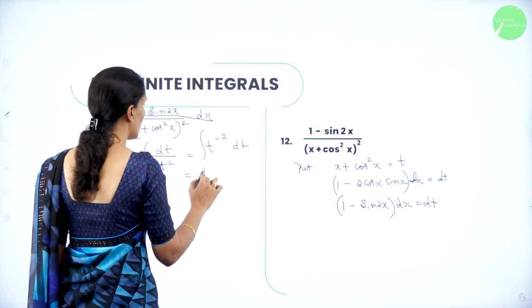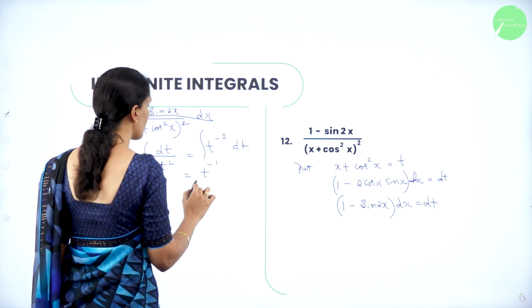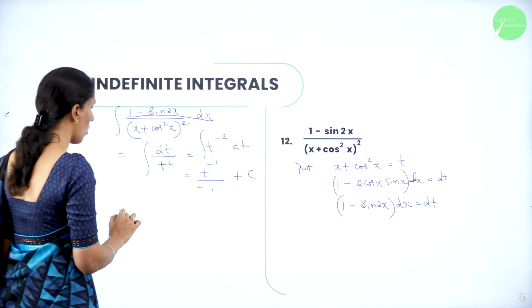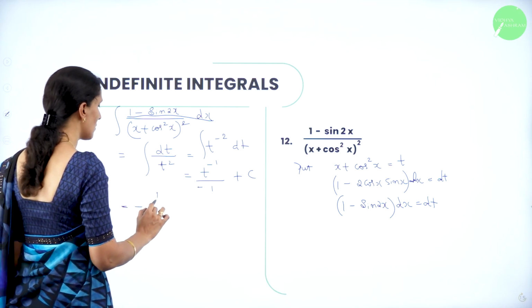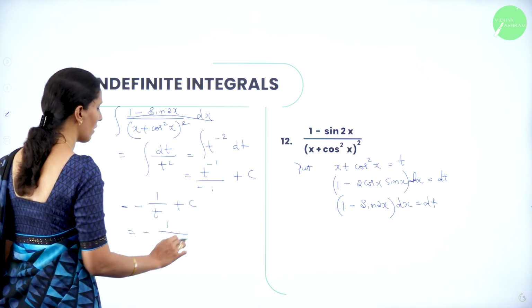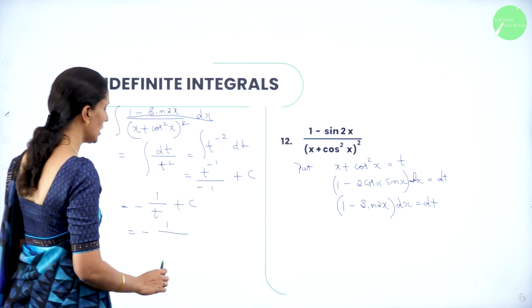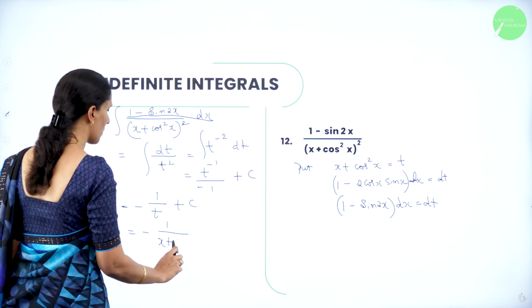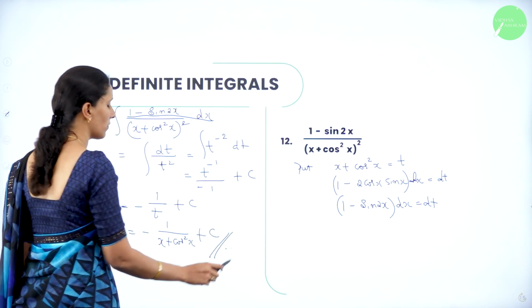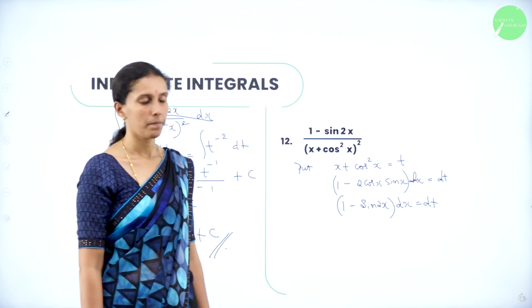That becomes t to the power minus 2 plus 1, which is minus 1, divided by minus 2 plus 1, which is again minus 1, plus c. You can write this as minus 1 by t plus c. What is t we have taken? X plus cos square x. So minus 1 divided by x plus cos square x plus c is the value of the given integral.